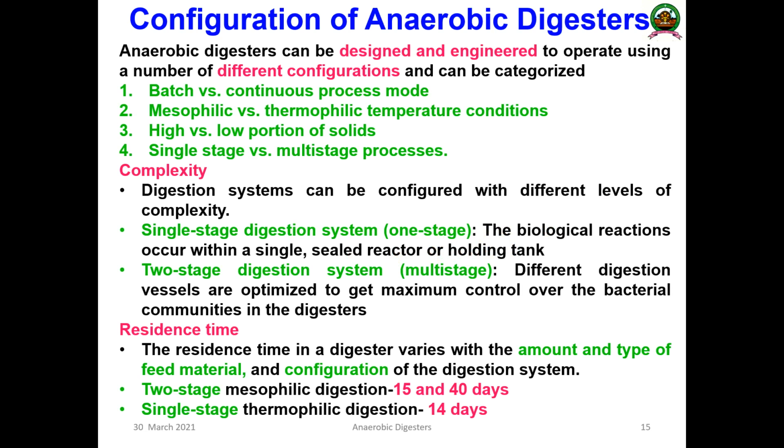The entire process happens there. Next one is a two-stage digestion system or multi-stage system. Here the different digestion vessels are optimized to get maximum control over the bacterial communities in the digester. You will be getting the maximum bacterial community.